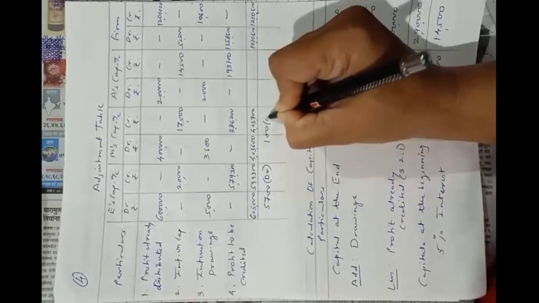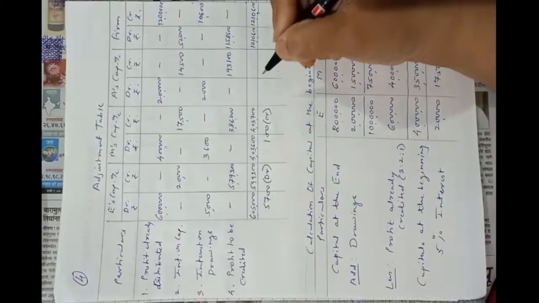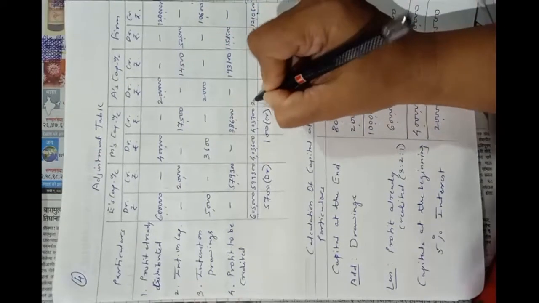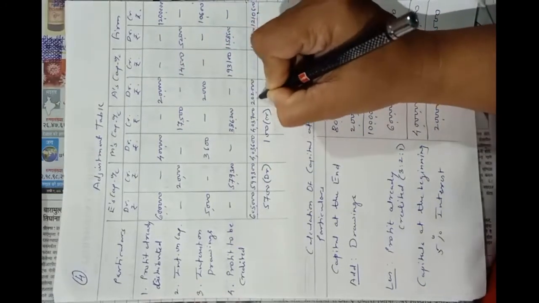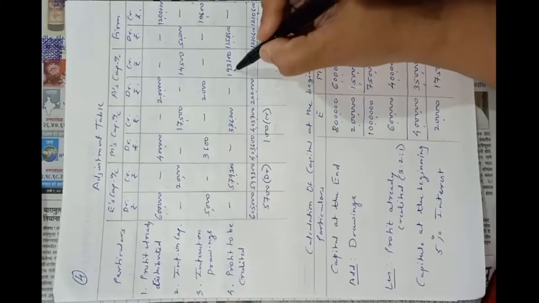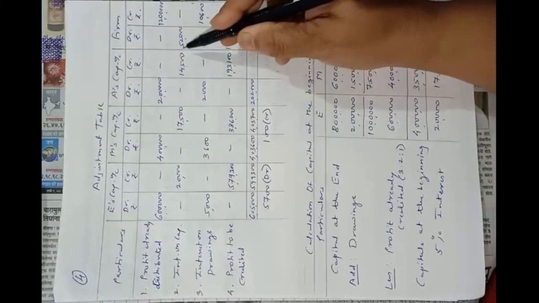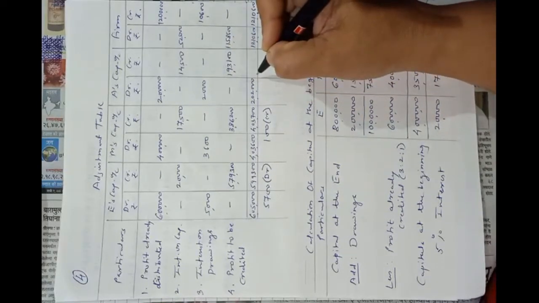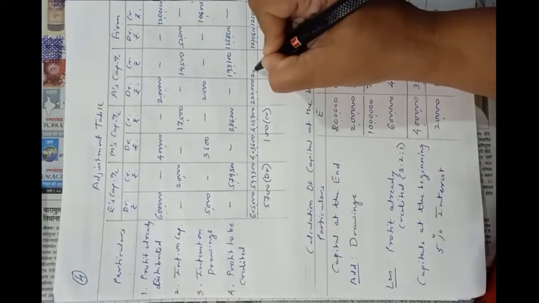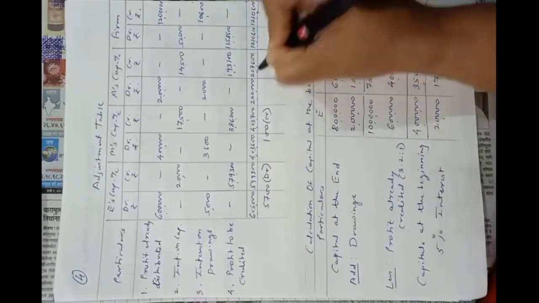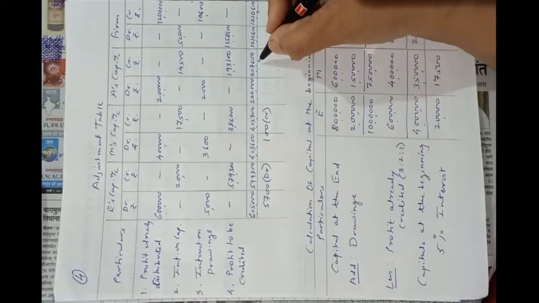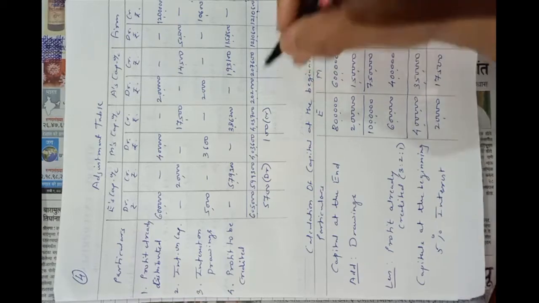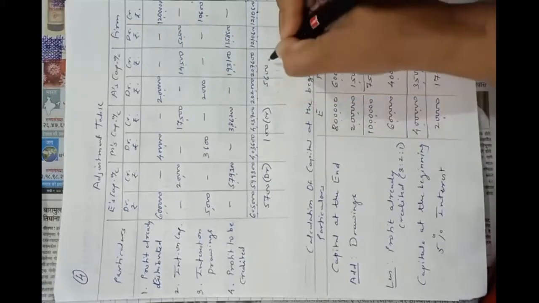So 100 credit. Okay. Now here 2,02,000. Total of 1,93,100 plus 14,500 is 2,07,600. So here 2,07,600 minus 2,02,000, it is 5,600 credit.